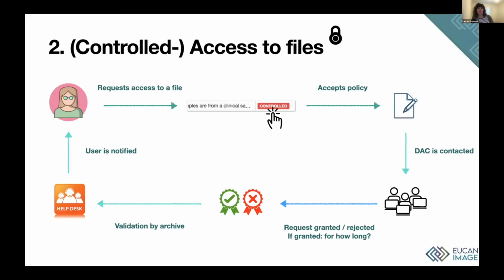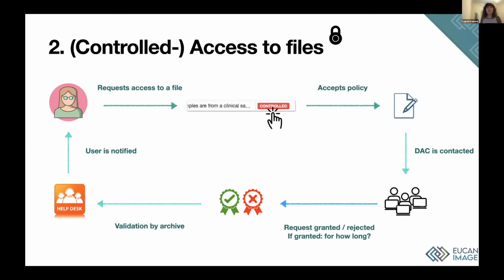Then the platform, the archive or the repository would make sure that the DAC is contacted. It depends on the system that each institution has, but usually the DACs are contacted by email.